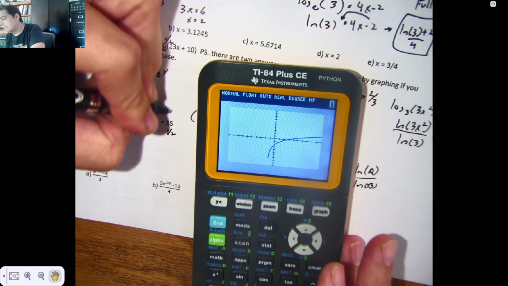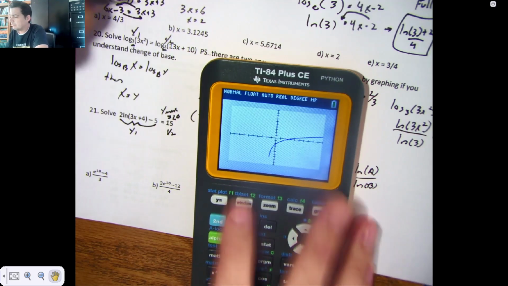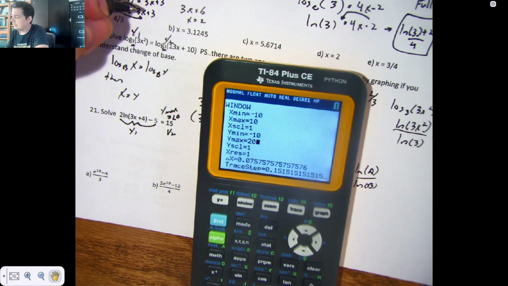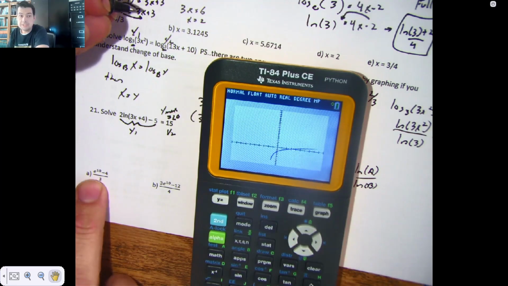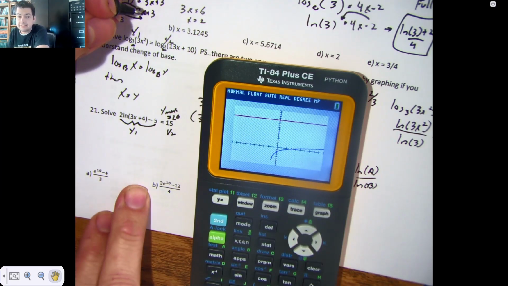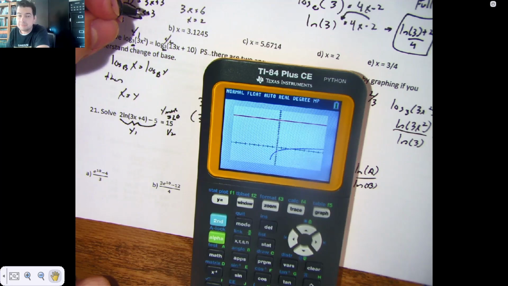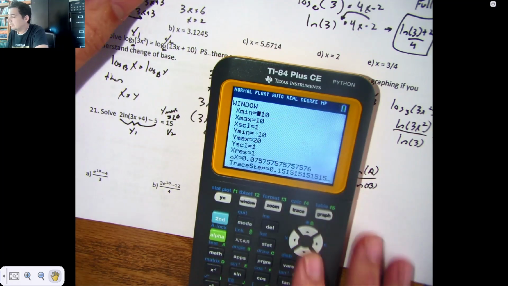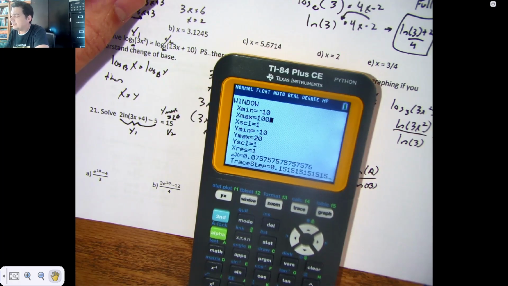I would take my Y max and make it 20. Of course, you still won't see your answer here. I mean, look at these answer choices: e to the 10th, e to the 10th. Those are huge X values. Anyways, you're going to have to go pretty far to the right. I don't know. Let's go out to 100, see what happens.